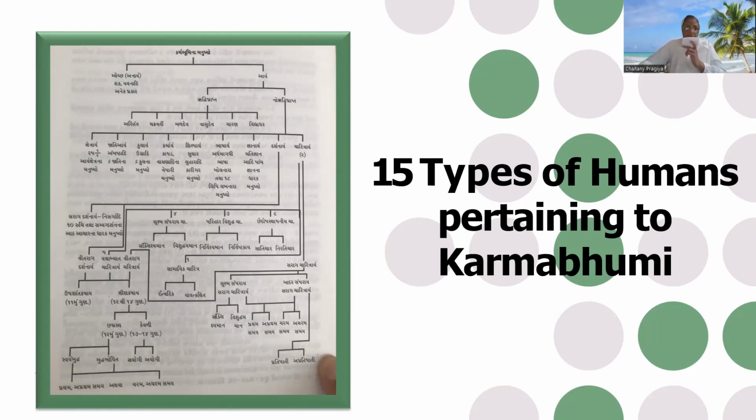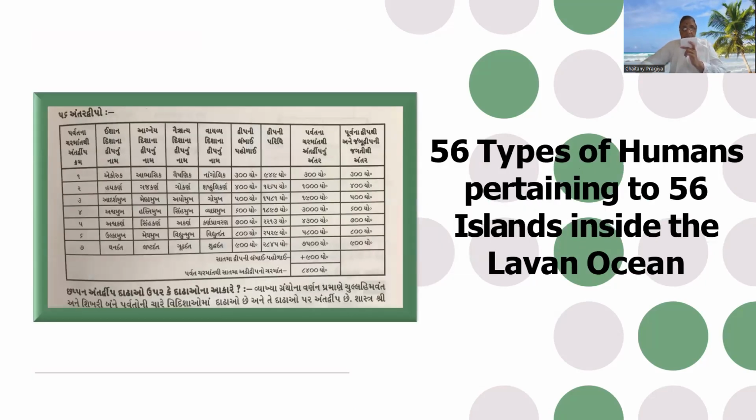But here it is given in the chart what the 15 types of human beings are, which are found especially in the 15 karma bhumis. And you can see here the 56 types of human beings which are especially found in the islands inside the Lavan Ocean. You can see what kind of living beings are found there. They have different faces, like animal beings, and their ears or faces look like those of animals.